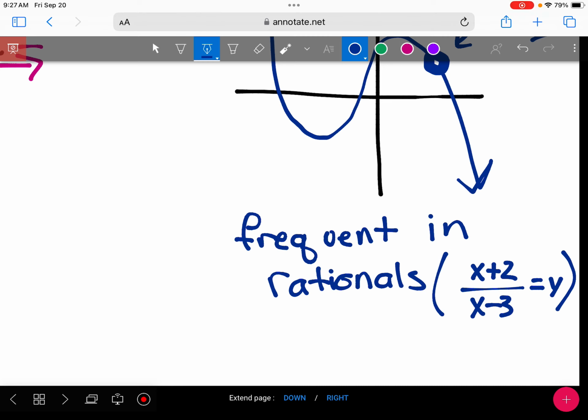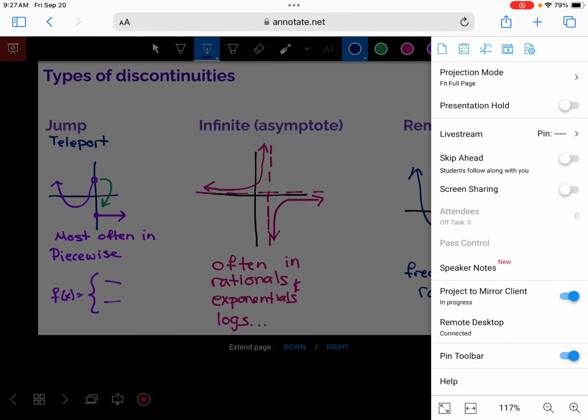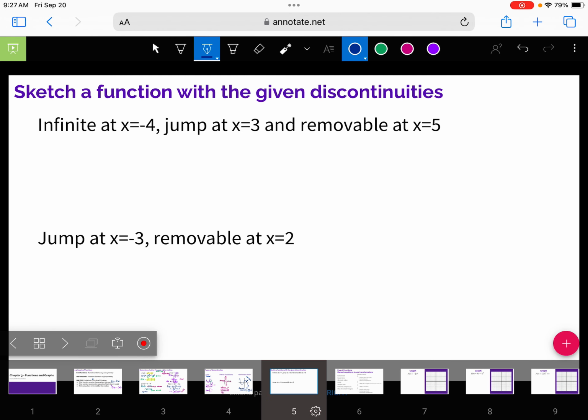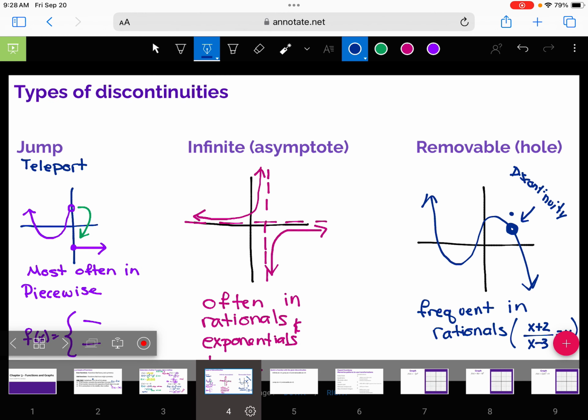We are going to work with them a whole bunch in here. Bunches and bunches. Okay, so we're going to wind up working with these discontinuities a lot for the rest of the year. We're going to see these all kinds of places. So we're going to practice with them.